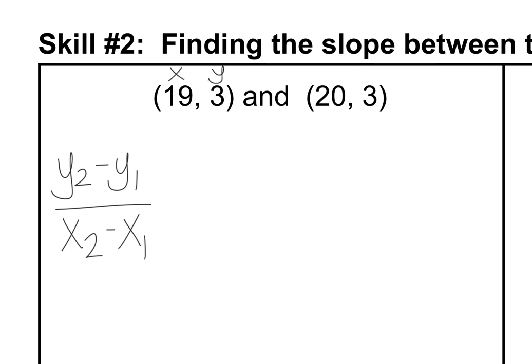So 19 would be my x1, 3 would be my y1, 20 would be x2, my second x value, and 3 would be y2, the second y value. And then we fill them in. So for y2, I'm going to plug in 3. And then for y1, I'm going to plug in 3.